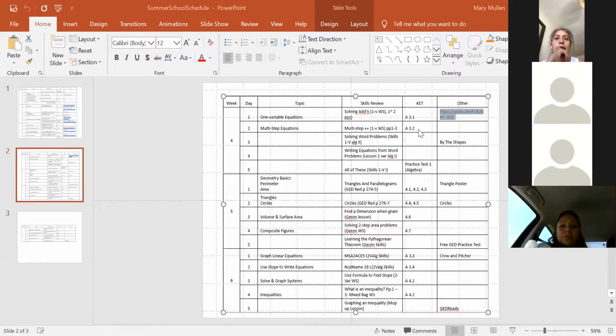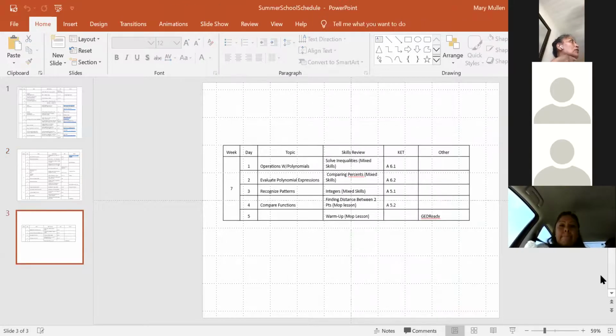Just glancing ahead at the schedule, next week, week 5, is all about geometry. And then week 6 is where we're going to do slope and graphing linear equations. I'll just show you what I have planned for the very last week.